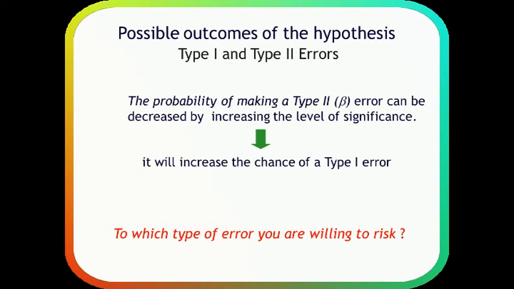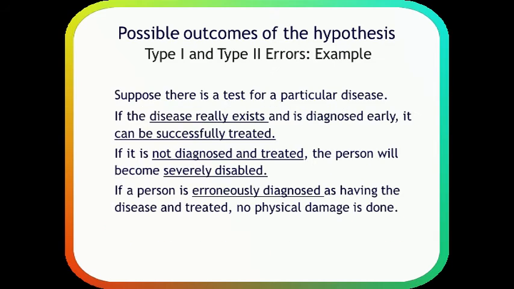To explain this concept, we are going to look at an example wherein we are trying to apply a new test for a particular disease diagnosis. Please understand this with the help of this example. So I said that we assume that there is a test for a particular disease.